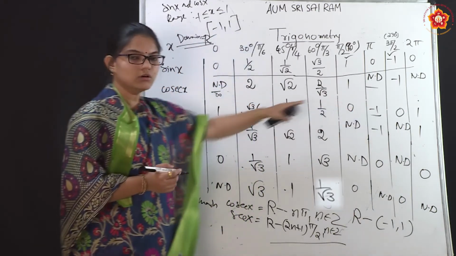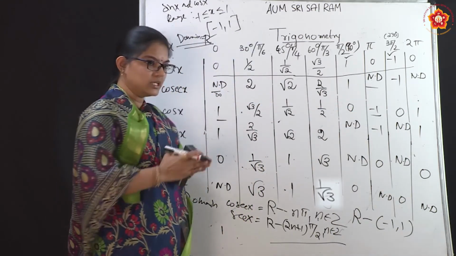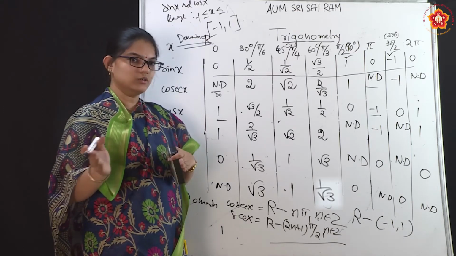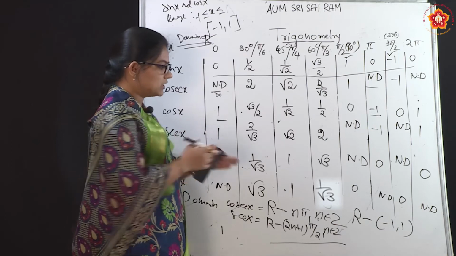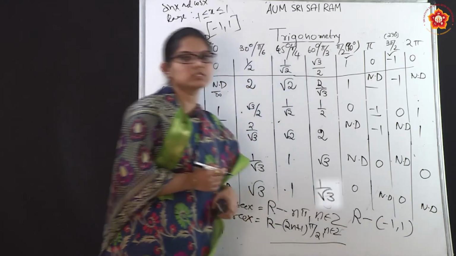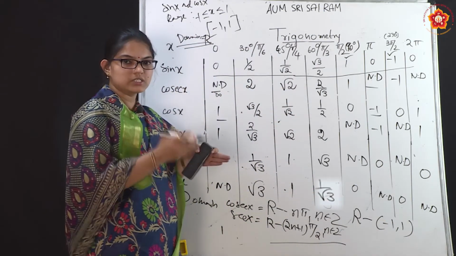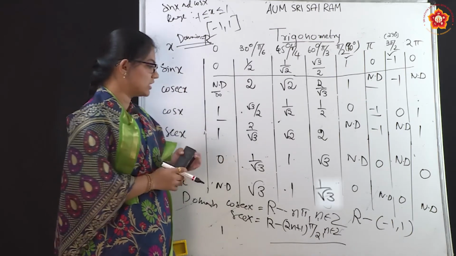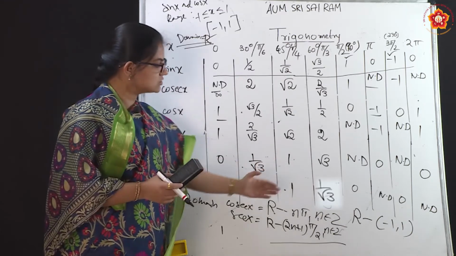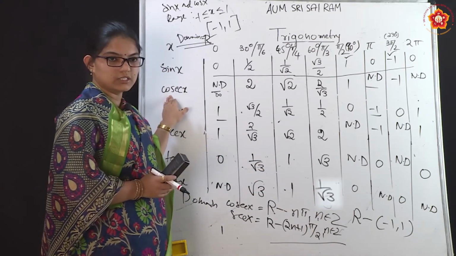We get values till minus 1 and after 1, including 1, but in between we can find 0 also, and the values close to 0. These values cannot be taken by cosecant x.